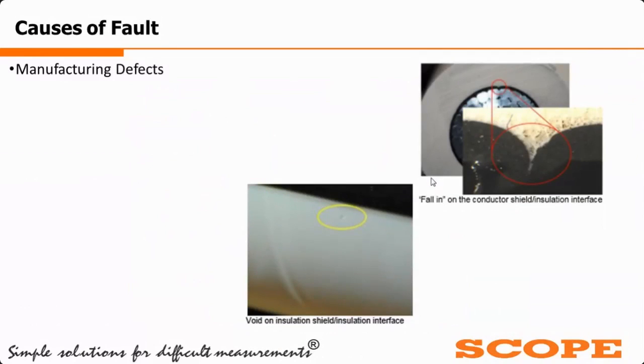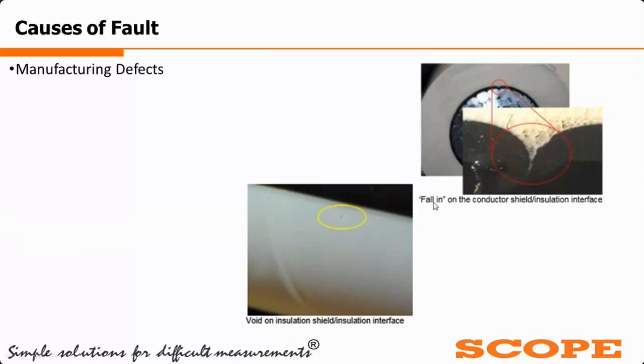First, in the picture you can see that if voids are left in the cable insulation at manufacturing time, then these voids undergo partial discharge whenever the cable is in service. At working voltages, these small air voids undergo small internal discharges, and this discharge damages the insulation, and after a period of time these voids are converted into a bigger fault.